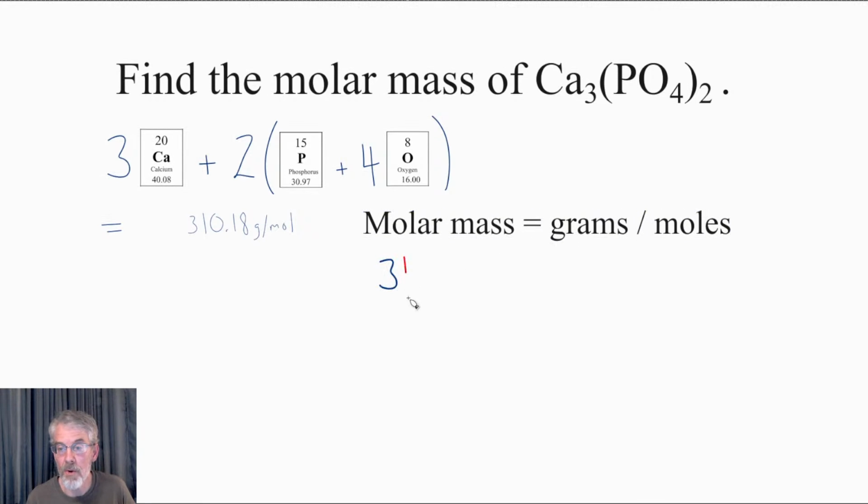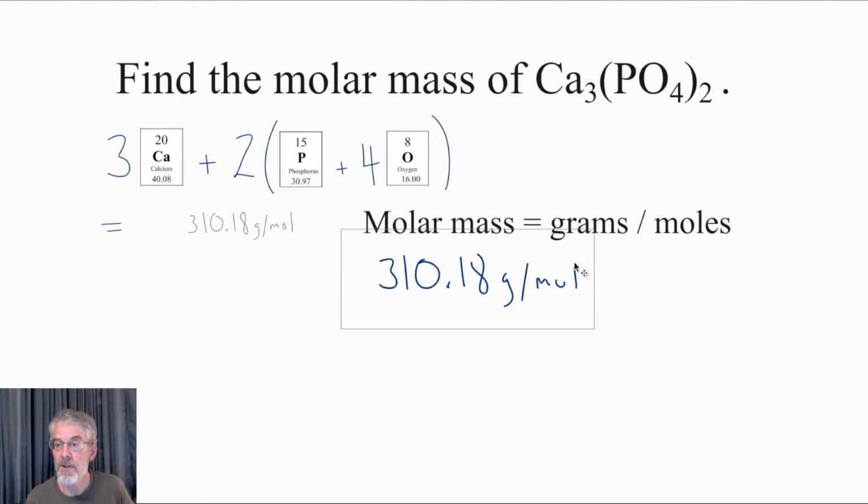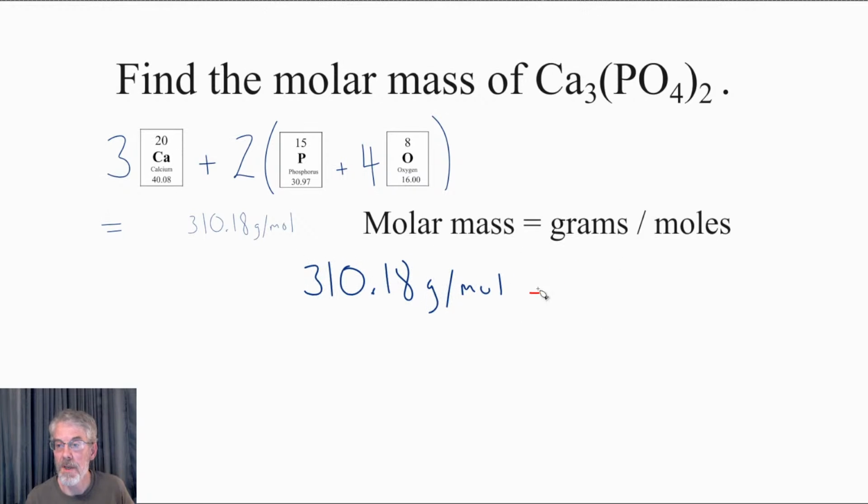So you know the molar mass. So if your teacher were to give you, say, 3.2 grams, you could figure out the number of moles just using this equation. So that's why the molar mass is so important. It lets you figure out grams and moles.